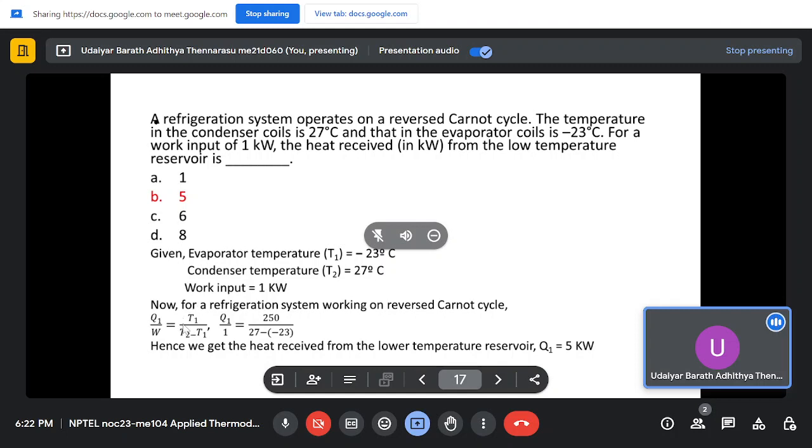This equals Q1 by W, the COP, and we know W is 1 kilowatt. So COP will be 250 by the temperature difference, 27 minus minus 23, which comes out to be 5. So COP is 5, as we are giving 1 kilowatt of work. The heat picked up by the evaporator will also be 5. So the heat received from the low temperature reservoir is 5 kilowatt.